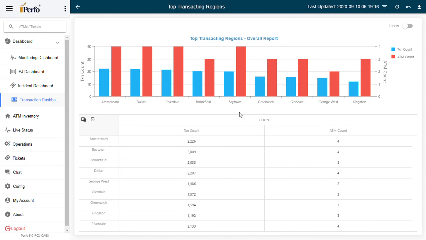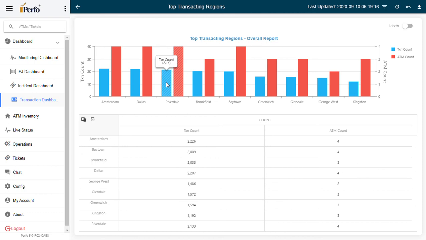So as you can see here, with about 3 ATMs, this particular region is resulting in very few transactions when compared to the other one, where there are 3 ATMs but still more transactions. Or even otherwise, there are 4 ATMs here but still the transactions are much lower.